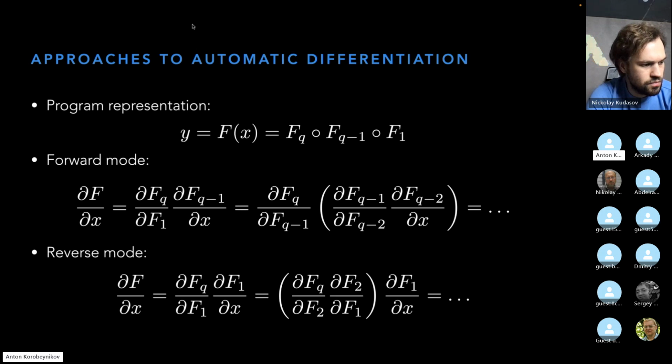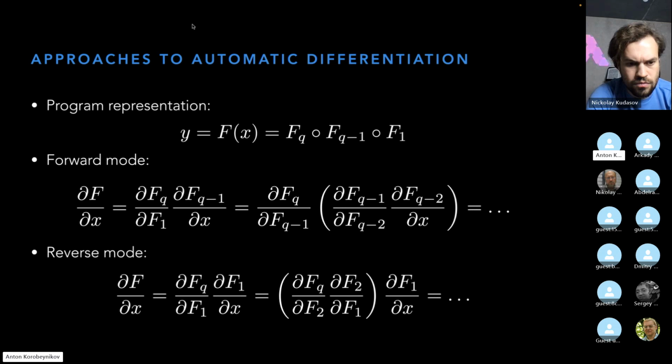And essentially we have a huge matrix composition. Depending on how we put the brackets in this composition of matrices, if we compute them from left to right or right to left, we may end with different computational complexity.